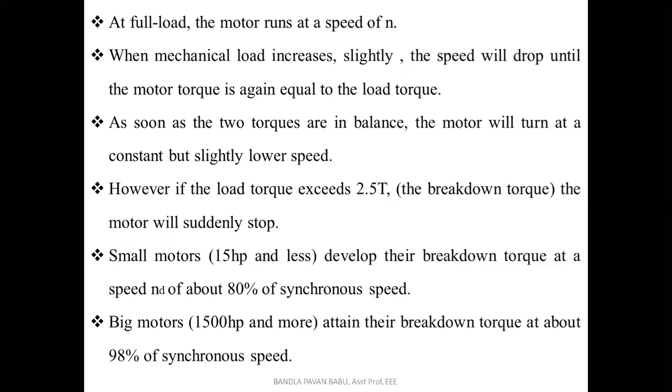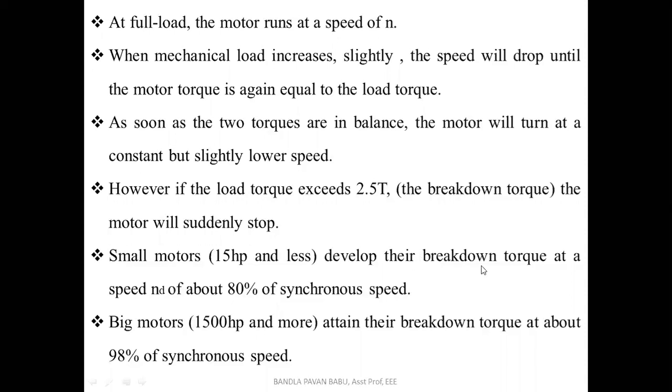However, if the load torque exceeds 2.5, that is, the breakdown torque is reached, the motor will suddenly stop. That means it is exceeding into the unstable region. Earlier we said what the value will be for small motors, that is 15 horsepower motors and less.